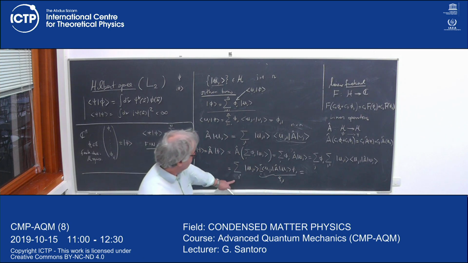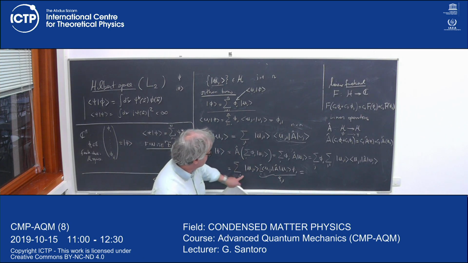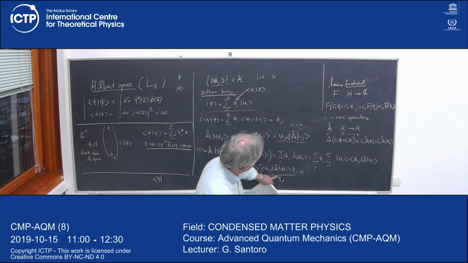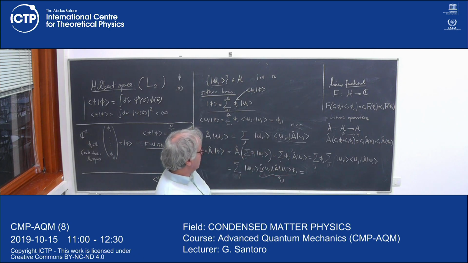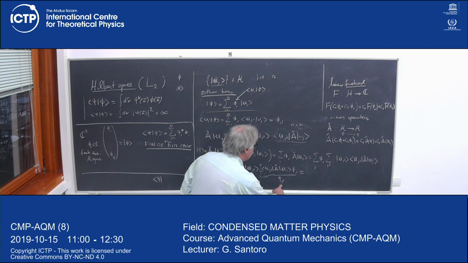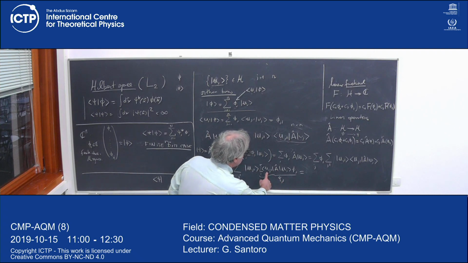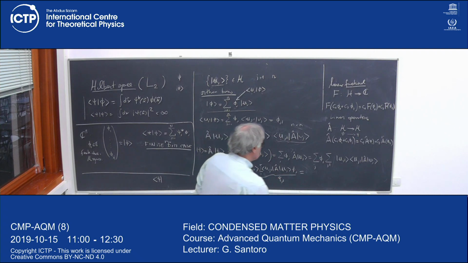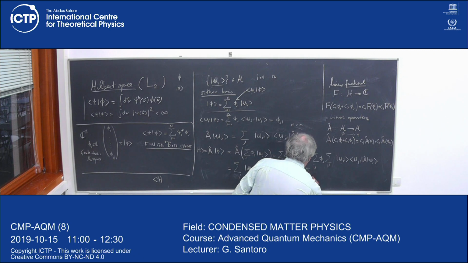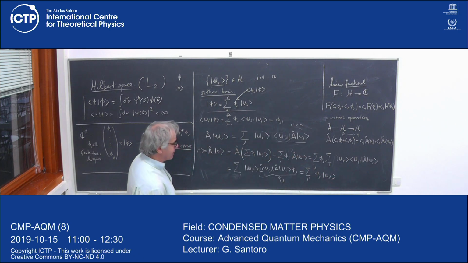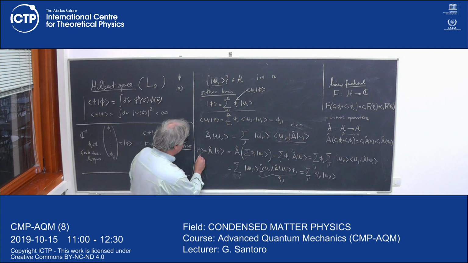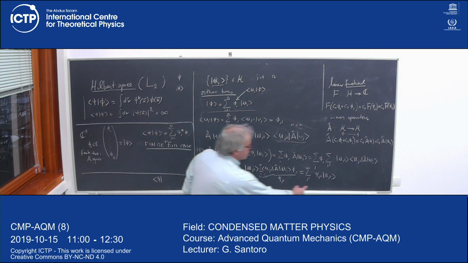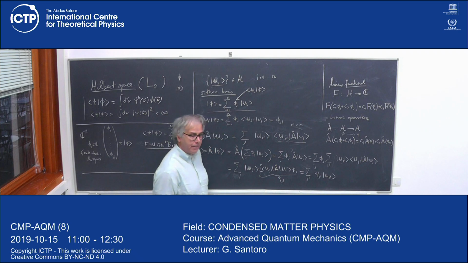So I write like this: the sum over j prime out, and then I write the sum over j in here, and I call this sum here psi of j prime, because j has been summed over. So in this last form, I have written it as psi j prime u j prime. Okay? Now, evidently, this is the expression of the vector psi in terms of the basis, right?